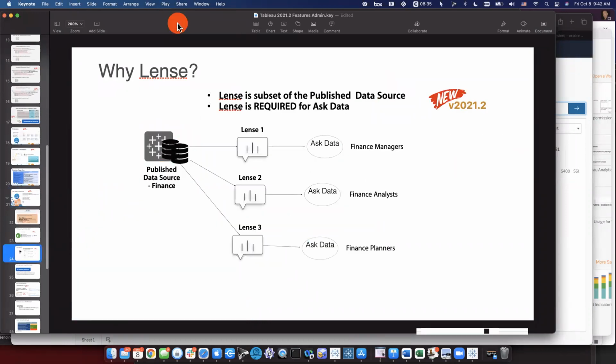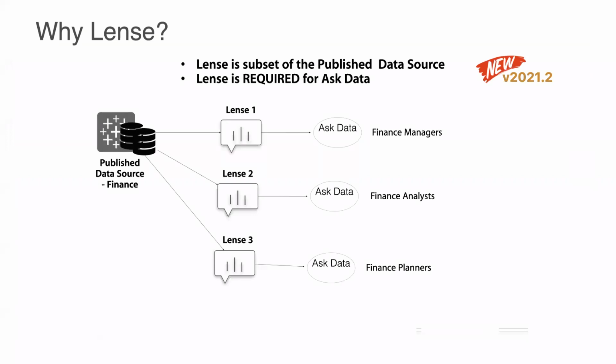Here's my understanding. Of course, Ask Data is based on a published data source. When a department has a very large published data source, let's say it's for finance and has 100 columns with all the financial data, it's not so easy to let all kinds of finance users ask data out of 100 columns, because a lot of them may not know which column is what, which shipment or which cost is what.